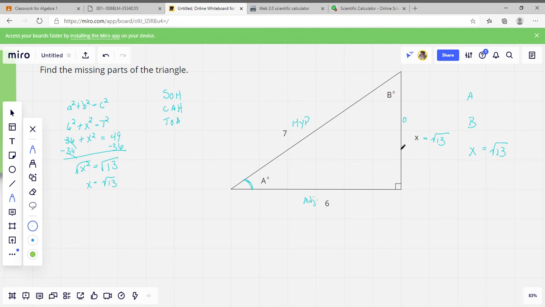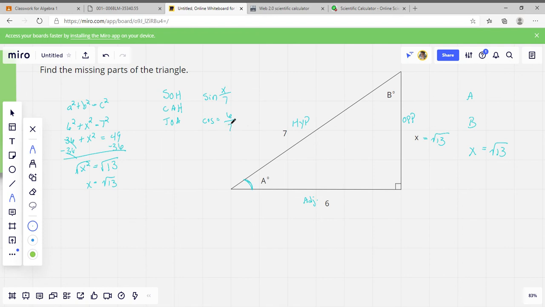And this will be our opposite. So we're just going to try to find angle A or angle B. All right, so this one, sine would be opposite, which we don't know, over hypotenuse, which is 7. Cosine would be adjacent, which is 6, over hypotenuse, which is 7.